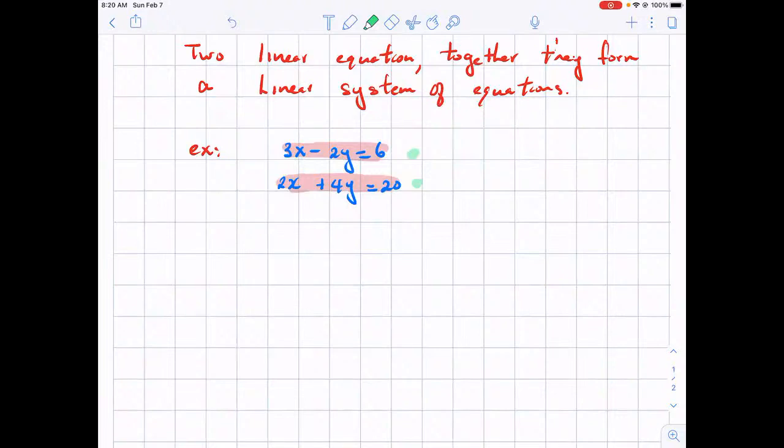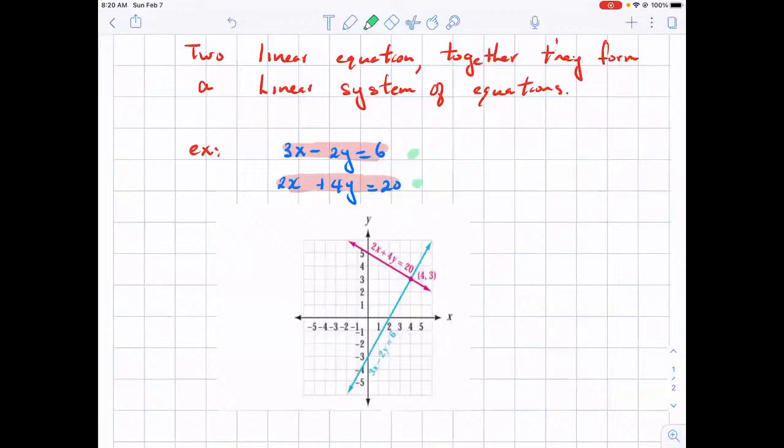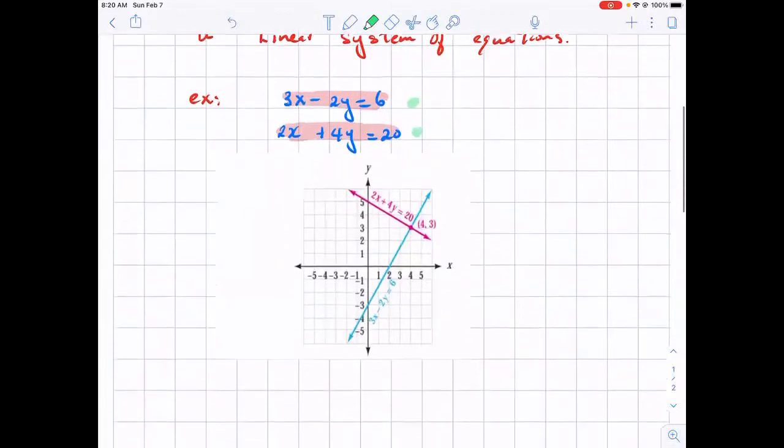Now, if we graph each equation on the same set of axes, we can surely see the solution. So let me show you the graph of these two equations. I used my computer program, but you can do it by hand.